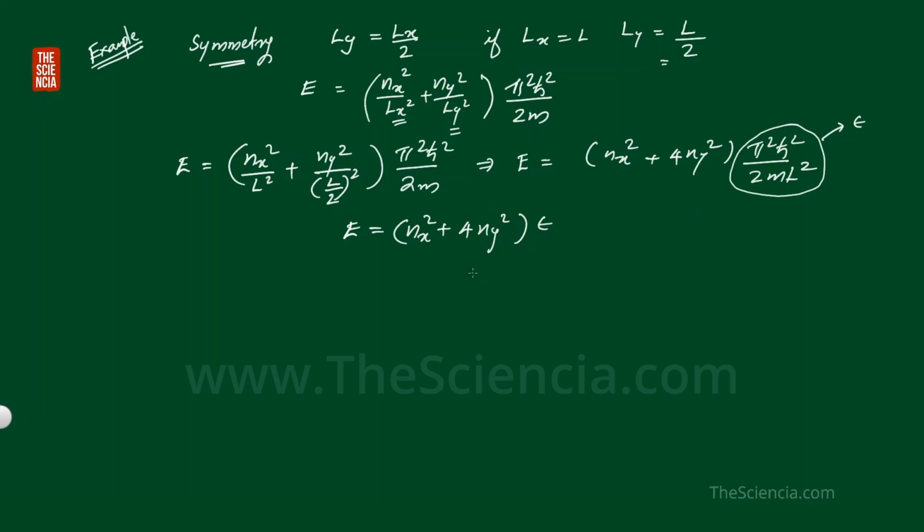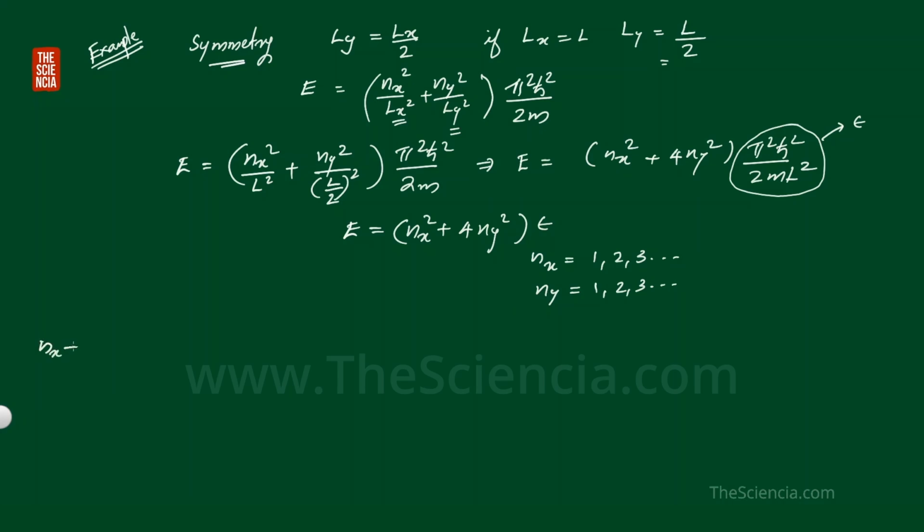Now the question is to find out the degeneracies of the ground state, first excited state, second excited state, and so on. We will follow a very systematic method here to understand the concept. After understanding the concept, you can do it in very shortcut ways. The nx value can have 1, 2, 3, etc., and the ny value also can have 1, 2, 3, etc. So different combinations of nx and ny are possible, and we are going to consider those combinations.